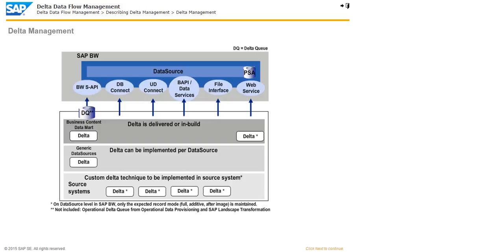However, the extent to which this delta request can be adapted or implemented in the partner extraction tool depends on the respective third-party tool. Further details lie beyond the scope of this unit. Delta functionalities of operational data provisioning or ODP, including SAP Landscape Transformation, will be covered in units to follow.